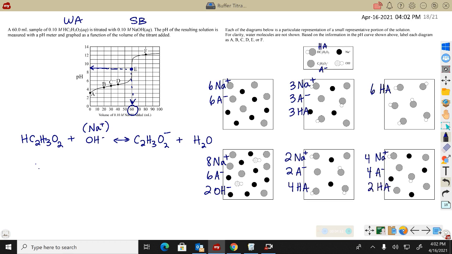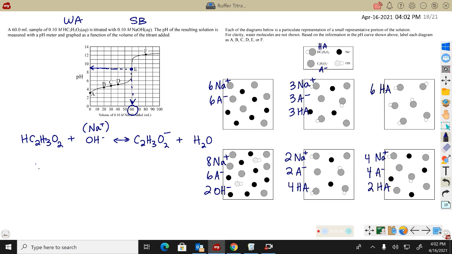All right, well, I bet we can pick out point A, right? At point A, I should have all my weak acid. Now, they are showing the weak acid as not at all ionized, which I guess, even if this only ionized by like 1%, 5%, if I only had 6 molecules, they'd probably be not ionized at all.